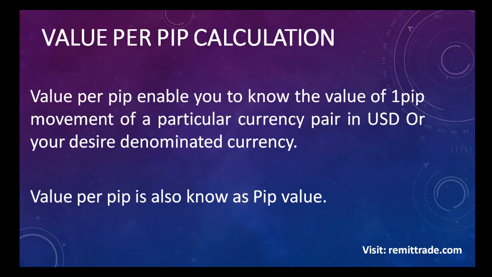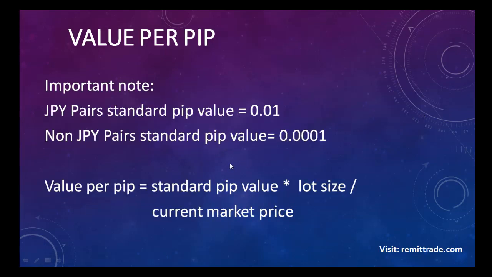Alright, so value per PIP is also known as PIP value. Either way, value per PIP or PIP value is still the same thing. Now, there are some important notes you have to understand before you consider calculating your value per PIP.